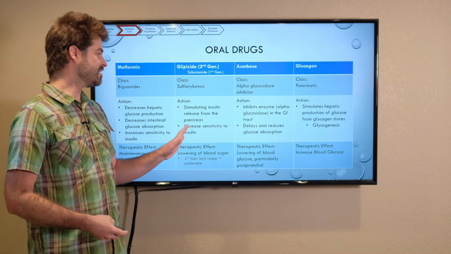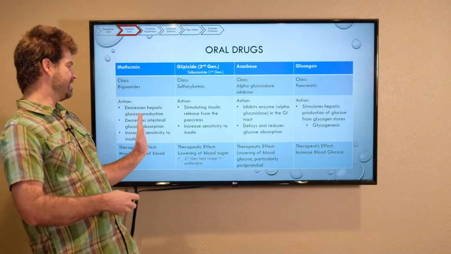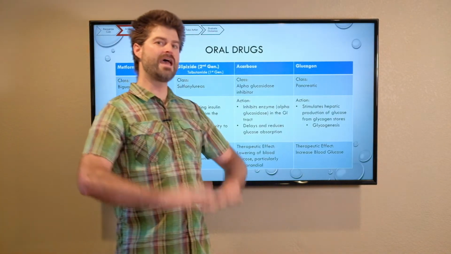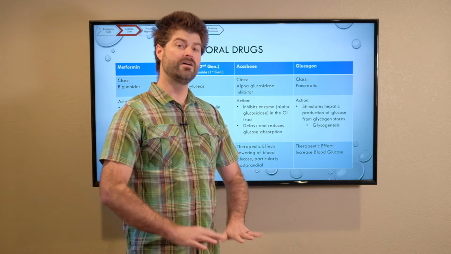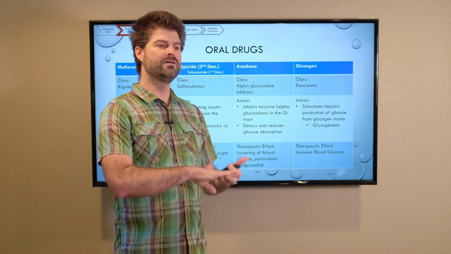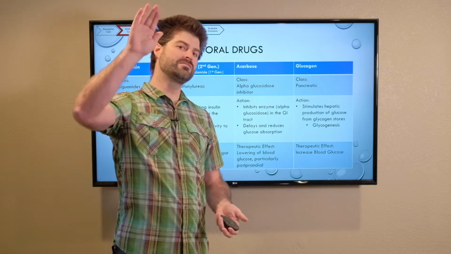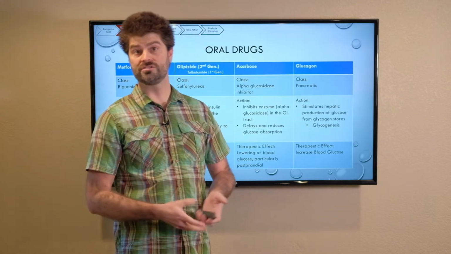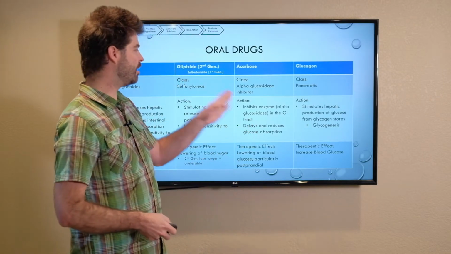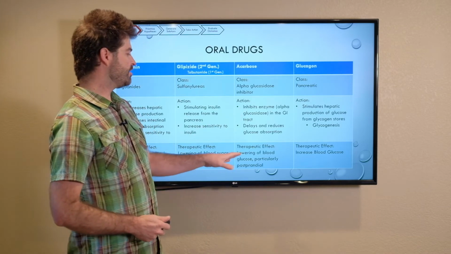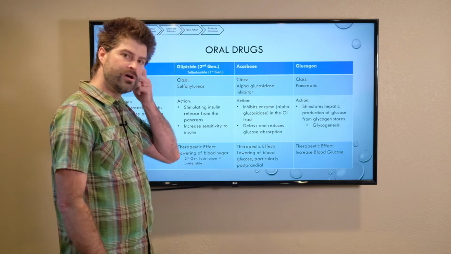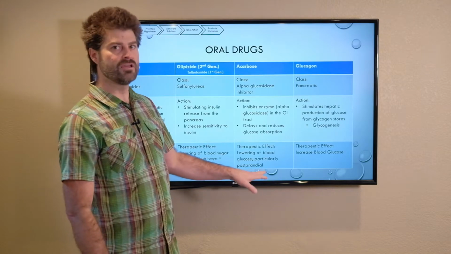Not going to prevent it, but it is going to slow it down, right? So that's going to help prevent some of those postprandial or after meal spikes in blood sugar that patients experience, because this is going to be working on the GI tract. So our therapeutic effect, lowering of blood glucose, especially postprandial.